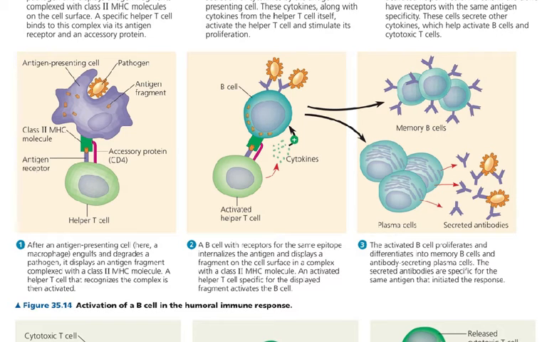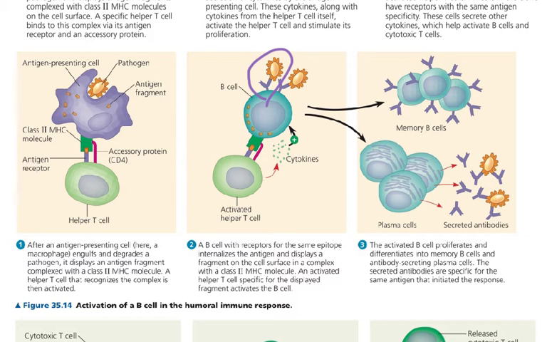And the B cell has to undergo this other process first. So before it can bind to a helper T cell, a B cell has to encounter this pathogen. And when it binds this pathogen, it is going to engulf its receptor and the pathogen. So the B cell is going to swallow up this whole thing and get it inside its cell.